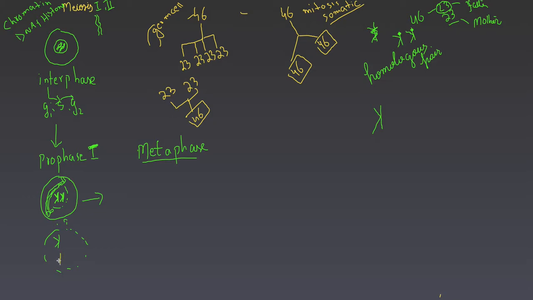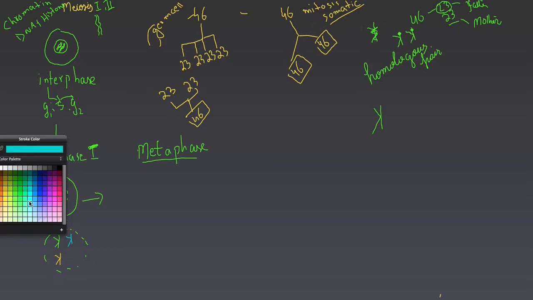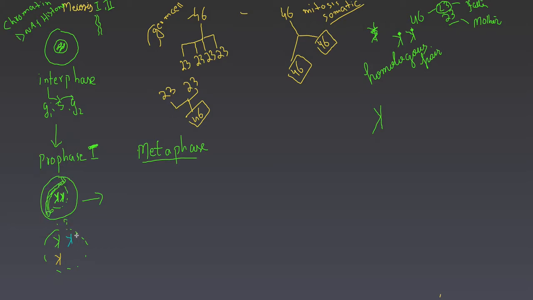So this is another one, and this is another one. So let's say it's a cell which has 4 sets of chromosomes in it, and when it replicated, it tried to find its homologous pair. So the green's homologous pair is the blue one, and the purple one is the yellow one.